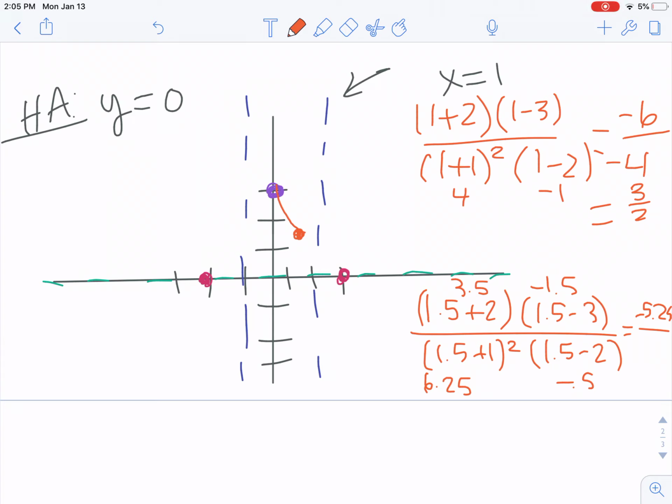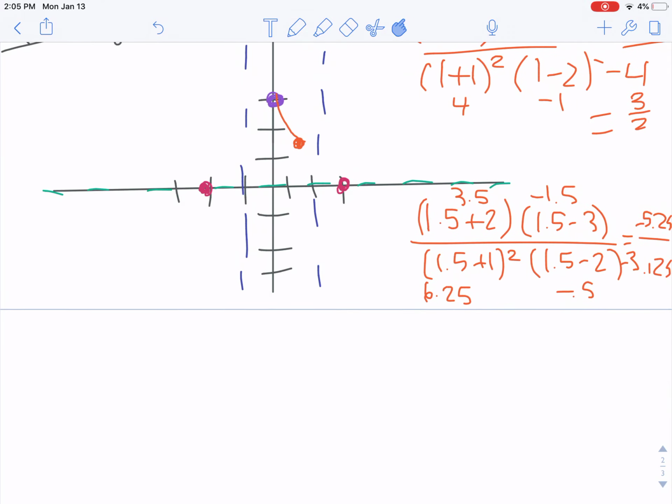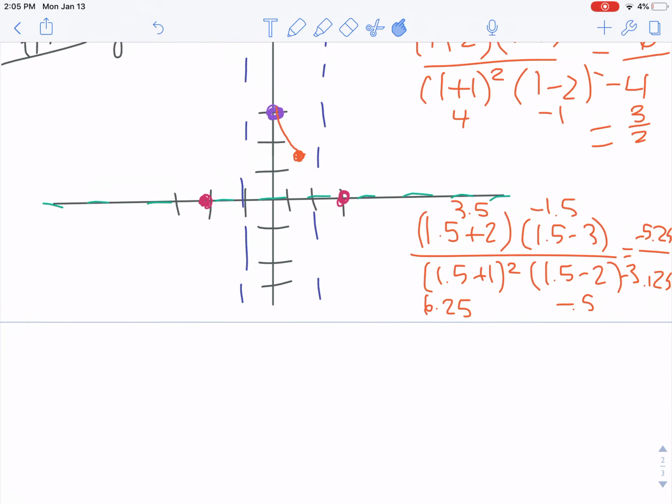So 6.25 times -0.5 is negative 3.125. So negative 5.25 divided by negative 3.125 comes out to be 1.68. So when I plugged in 1.5, I get 1.68 for my y.